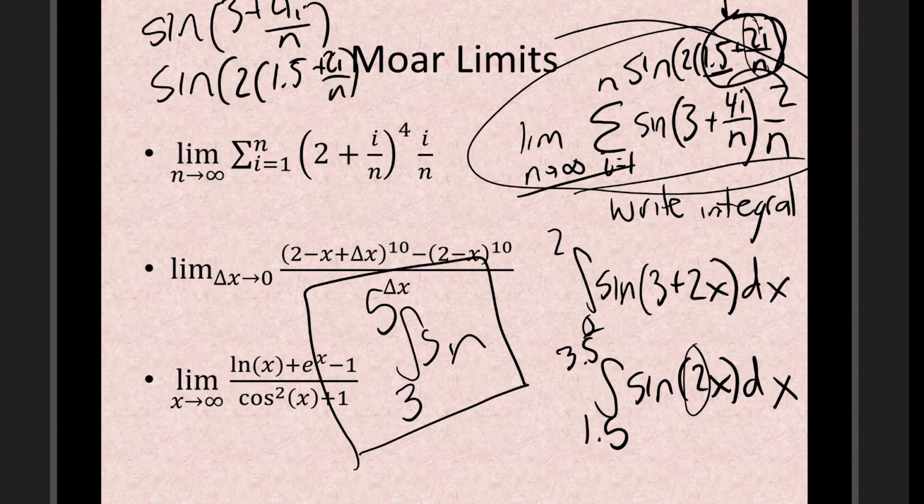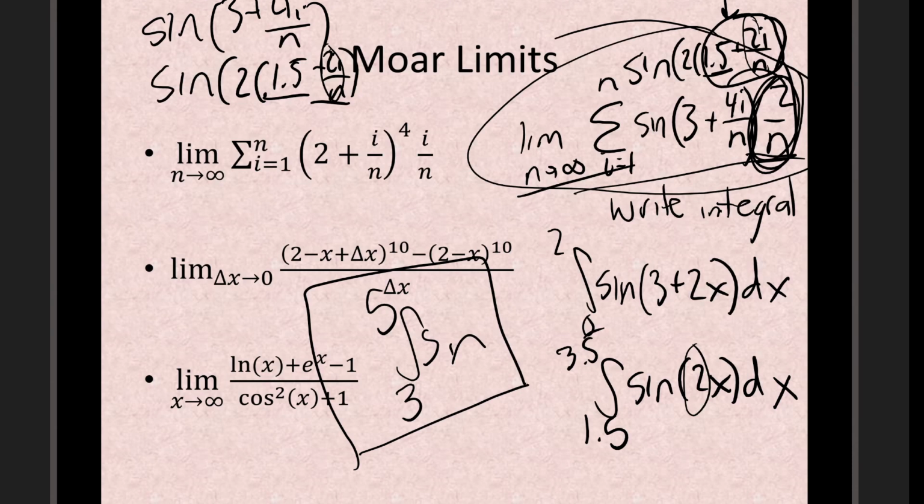Now, 2 over n perfectly matches my dx piece from my original problem, and that's how I can rewrite this in terms of what x is. My starting x value plus my change in x, because this has to match this, to match my width of my rectangles in order to get the piece.